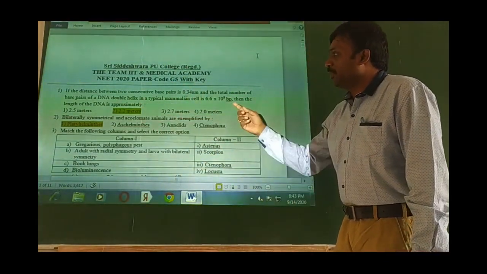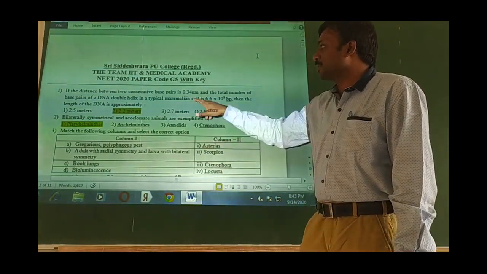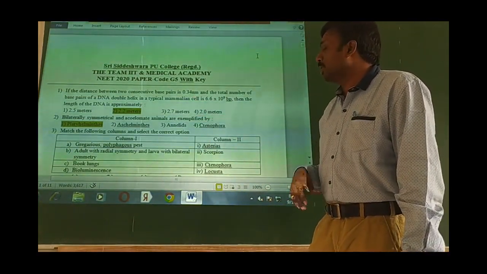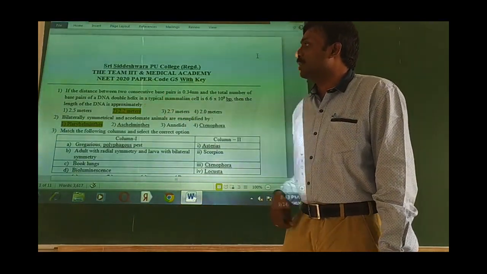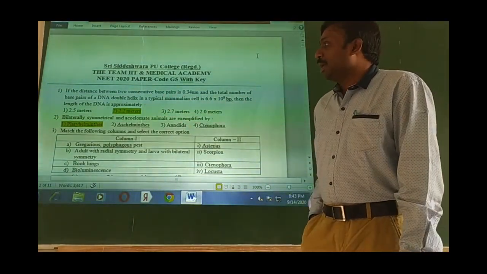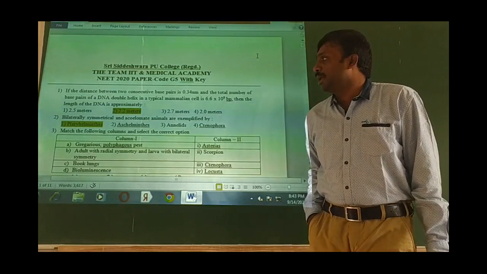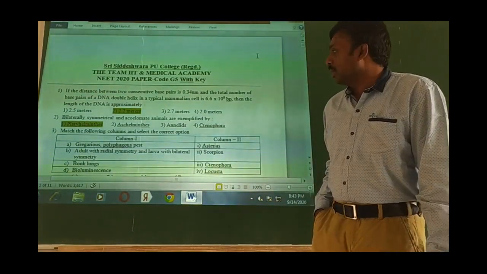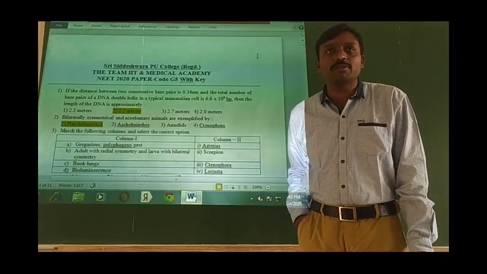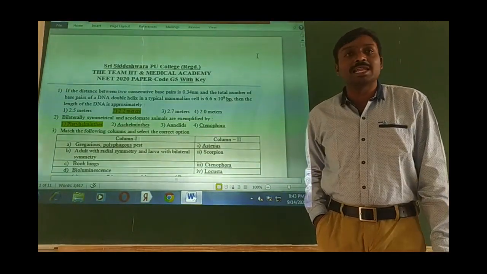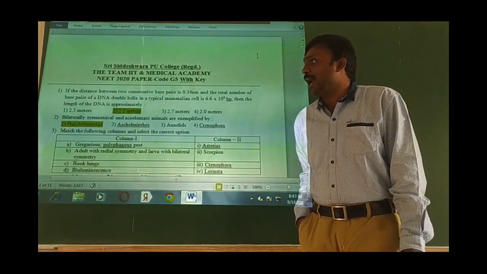If the distance between two consecutive base pairs is 0.34 nanometers and the total number of base pairs of a DNA in a double helix in a typical mammalian cell is 6.6 into 10 to the power of 9 base pairs, then the length of the DNA is approximately.